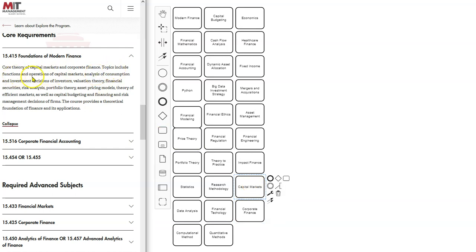Topics include functions and operations of capital markets. Alright, so that's capital markets. Analysis of consumption and investment decisions of investors. Okay, that's a new one. So we can write that as investor investment decisions.